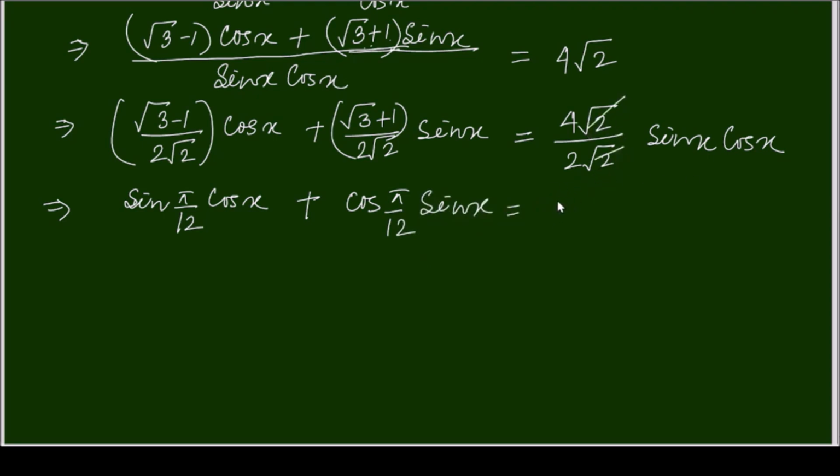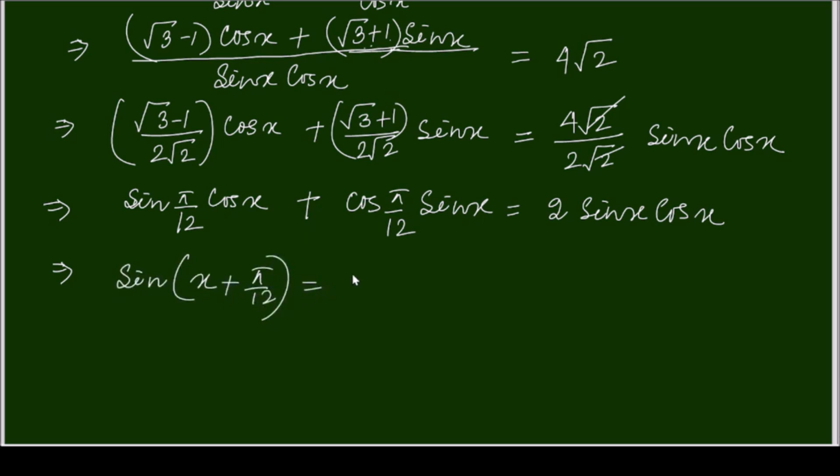Root 2 cancels, so I am getting 2 sin x cos x. Now if we take pi by 12 as A, then you are getting sin of (A plus x), so sin of (x plus pi by 12) equals, what is 2 sin x cos x? It will be sin 2x.